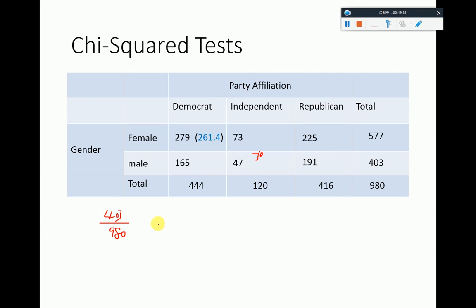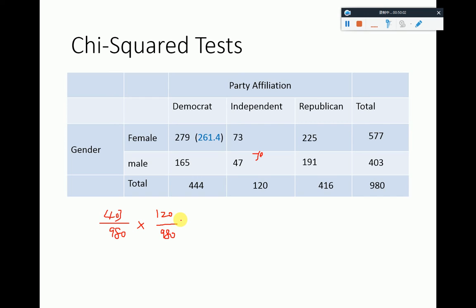to each other. Then what's the probability of observing independents from the sample? These are the total amounts of independents from these many people. So it'll be 120 divided by 980, according to the multiplication rule.